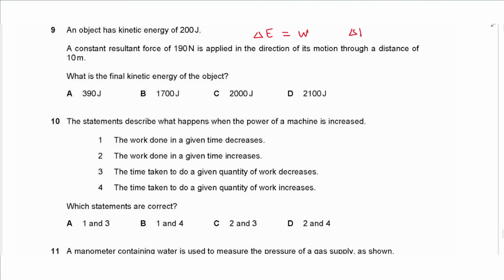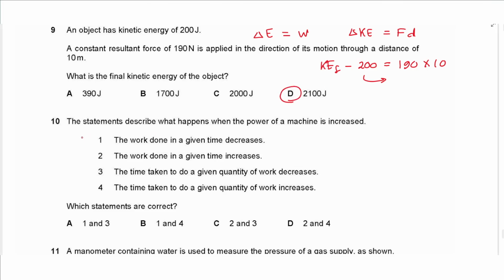So the change in kinetic energy is equal to the force multiplied by the distance. So the final energy, which is required, minus the initial energy, which was 200, is equal to the force 100 multiplied by 10. Then we move the 200 to the other side by addition. So we have 1000 plus 200, that gives an answer of 1200 joules. So the answer is D.